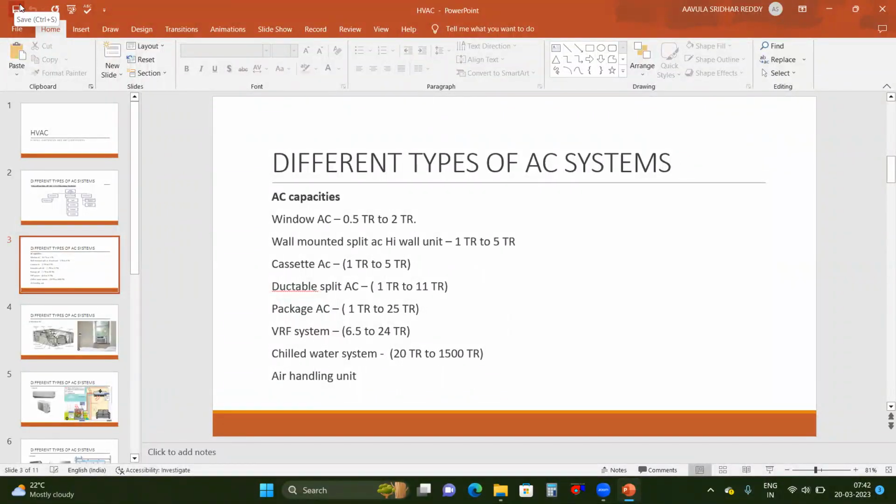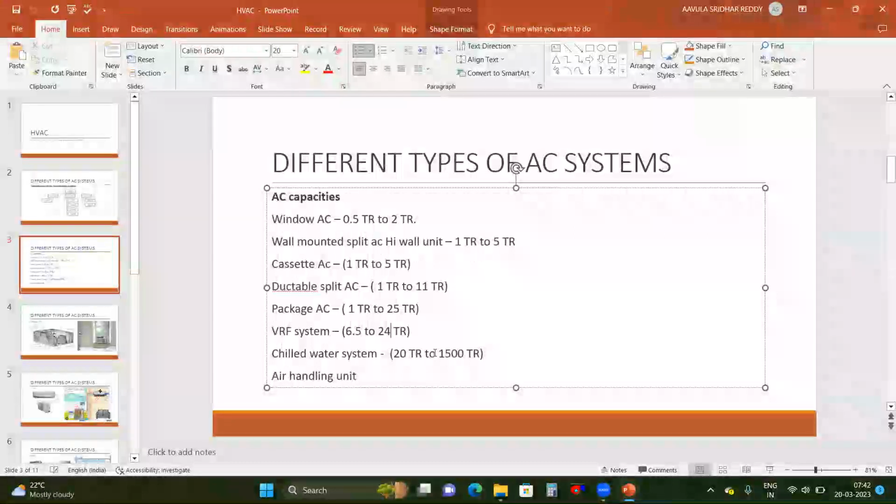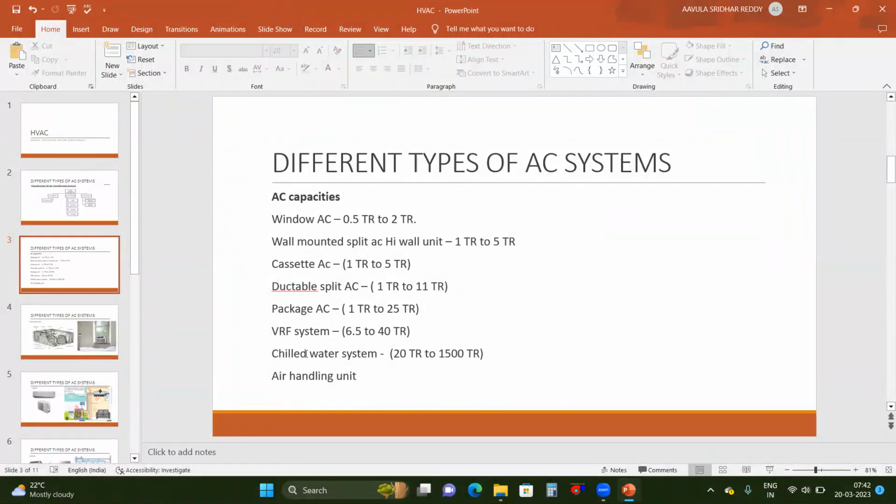And also VRF system from 6.5 to 24 TR. So not only 24, we are getting up to 40, 50 TR also. Let us take 40. Okay. And next one is chill water system, 20 TR to 1500 TR. So when we are designing for the high-rise buildings, we can go with chill water system.